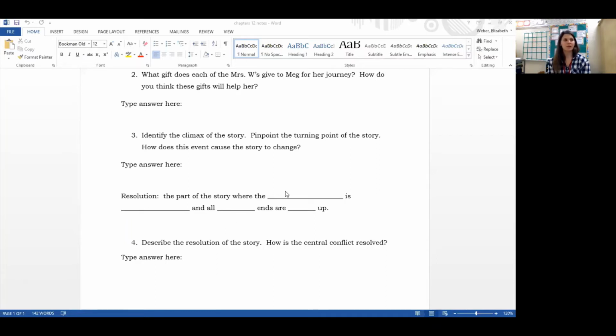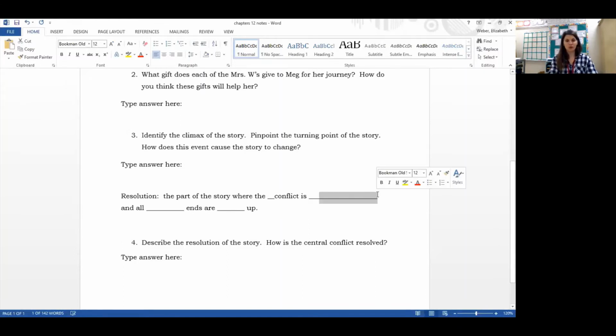Okay, so on the first blank, you're going to make sure that you highlight that, and then you are going to type in conflict, and then we have solved, and I'm going to type in loose.